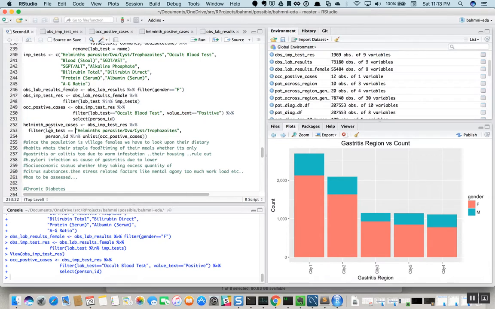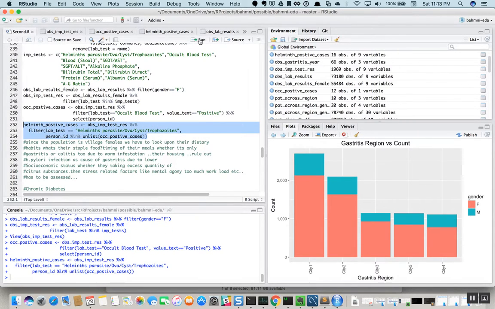Then I picked up Helminth positive cases to see if that gives us any indication, to see if patients having occult blood also have any particular correlation with Helminth being positive.